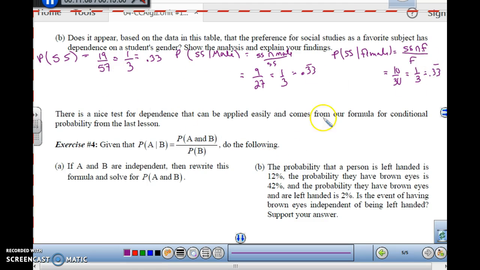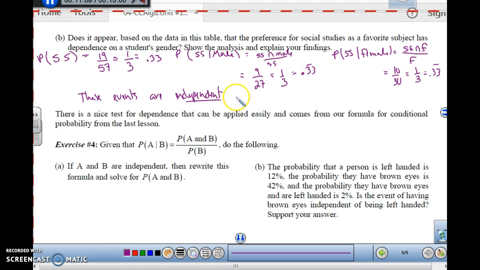Okay, so what happened with the probabilities? Well, that means liking social studies as the favorite subject has no dependence on gender. These events are independent, because the probabilities are the same.